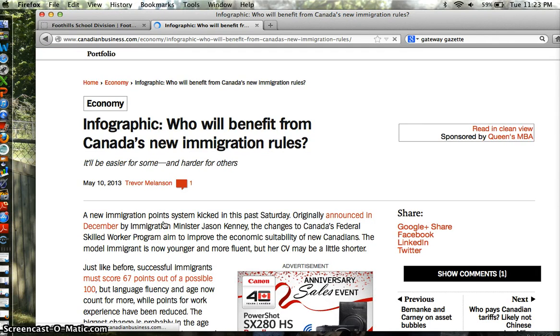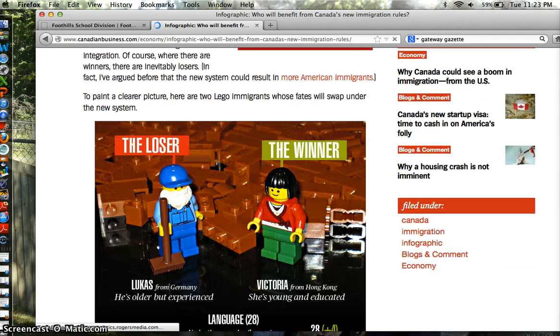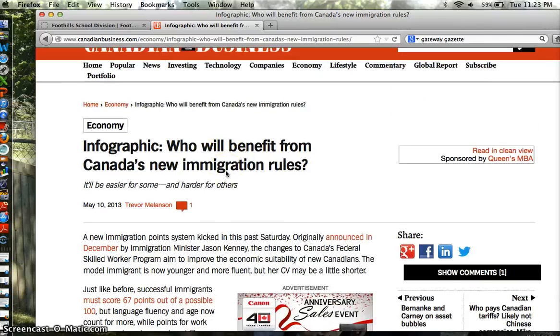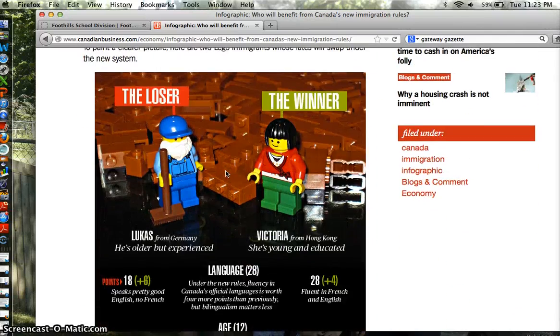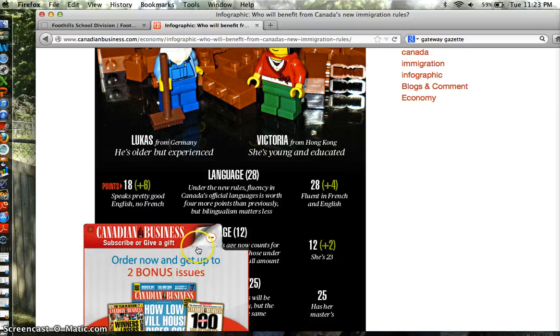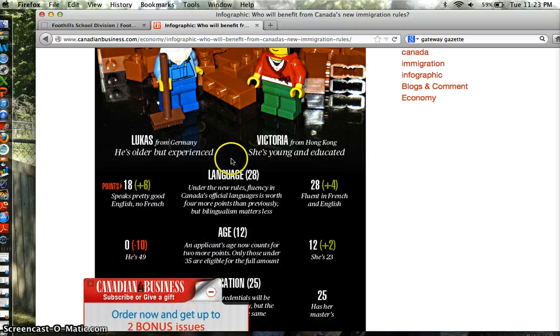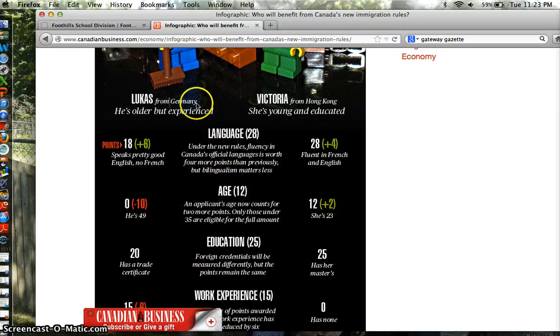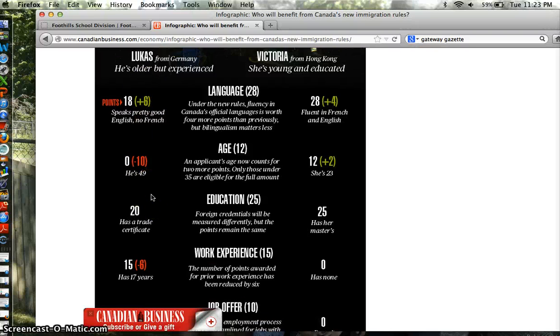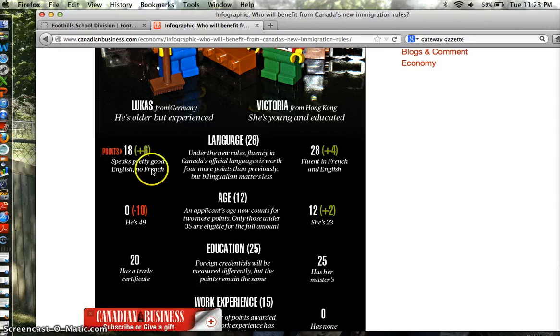In here's a brief reading, and then it compares who Canada is targeting. So this graphic, let me just get rid of that. This graphic here shows who Canada targeted under the old immigration system, or the one that we have just changed, and this looks at who Canada is targeting under the new one.